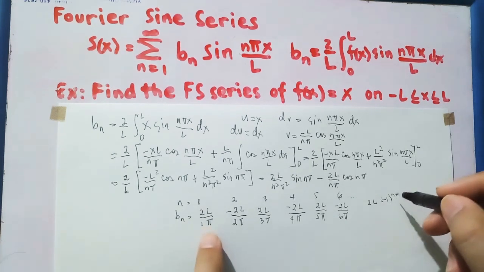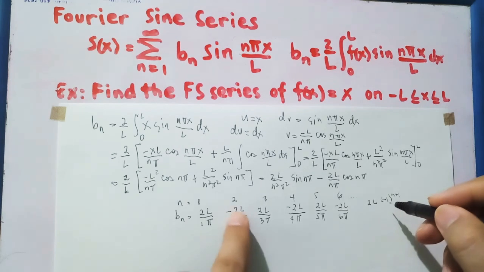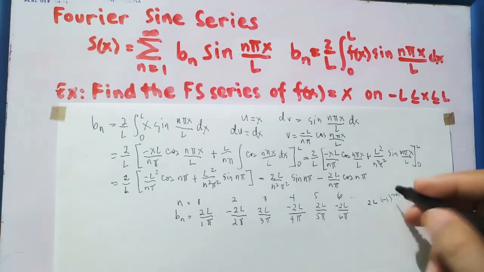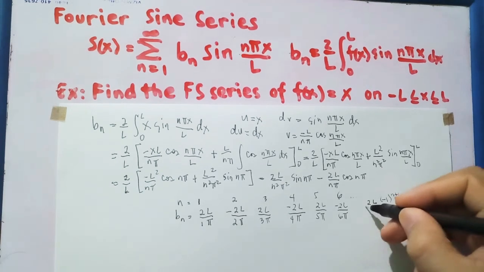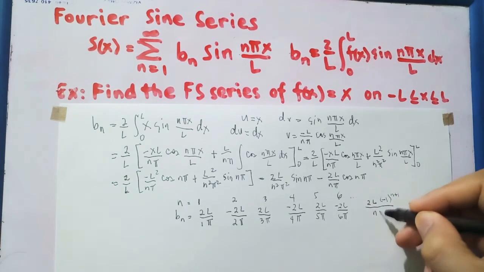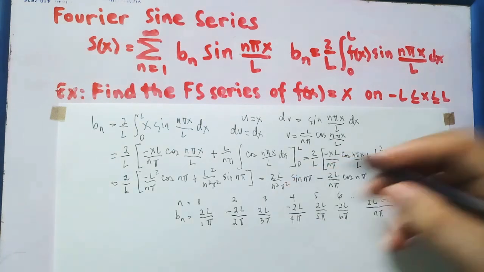When n equals 2, 2 plus 1 equals 3, negative 1 raised to 3 equals negative. So this is now the case all over n pi. Okay, so that is our b sub n.